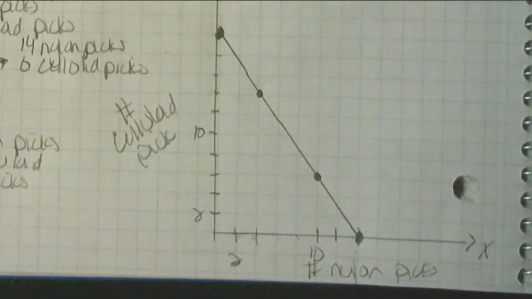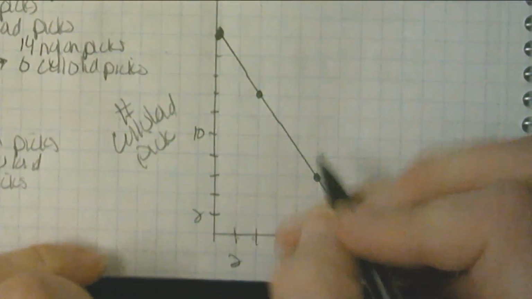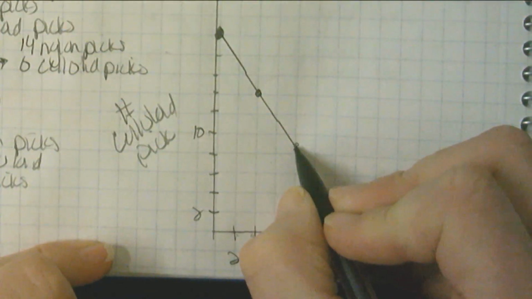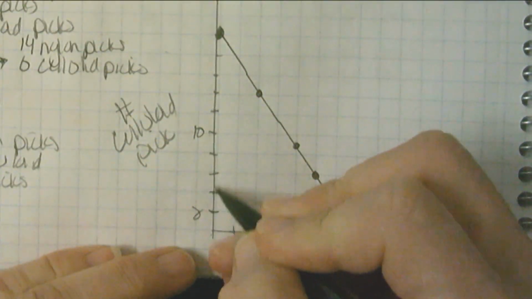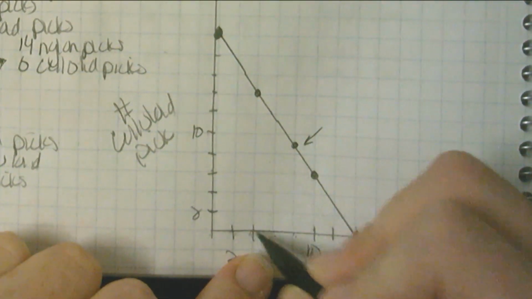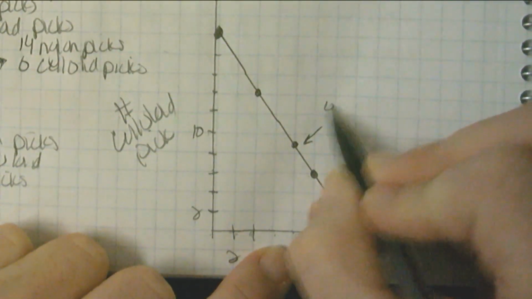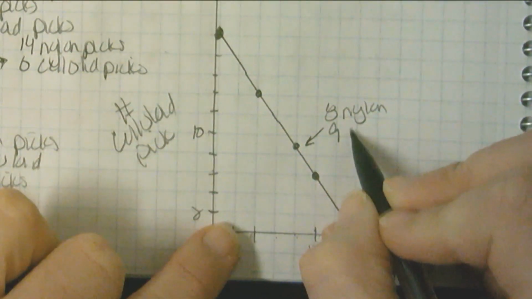Again, graphing is an approximation. I could use this point, because it's right around the halfway. Since I'm counting by twos, 2, 4, 6, 8, this would be 8 nylon and 9 celluloid.